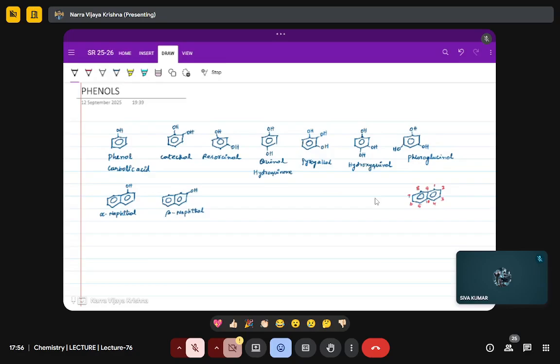And we call these positions, these 4 positions, alpha positions. And these positions are called beta positions. Alpha, alpha, 4 alphas, 4 betas. Right? How many resonating forms are there for naphthalene? 3 resonating forms.